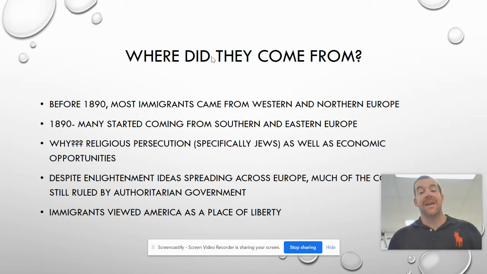The new immigrants came from a different part of Europe versus the old immigrants, meaning the traditional immigrants. Traditionally, most of the people who founded the United States had families that came from northern and western Europe.